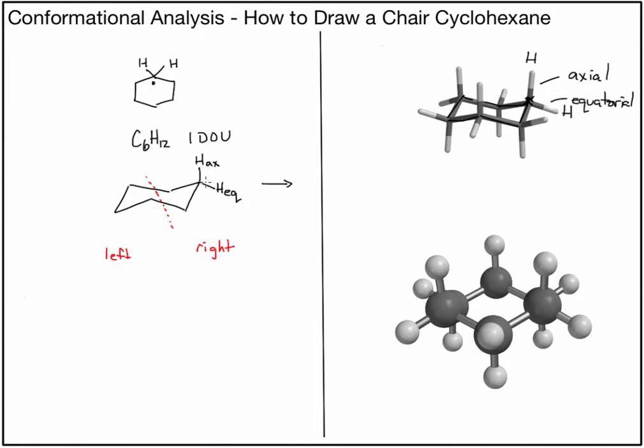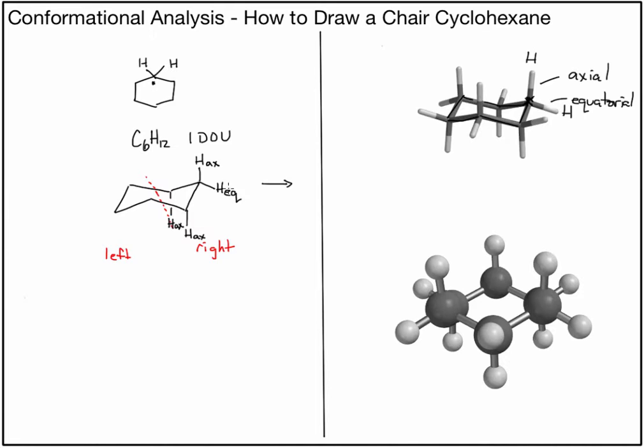So let's finish off the right-hand side. If we look at our model, we see that the axial bond on the next carbon is down. So this carbon is down, so the axial hydrogen has to be down. The other carbon here is also down, so this axial hydrogen must be down as well.